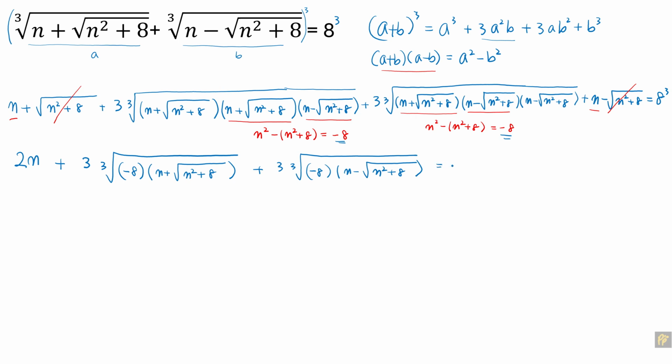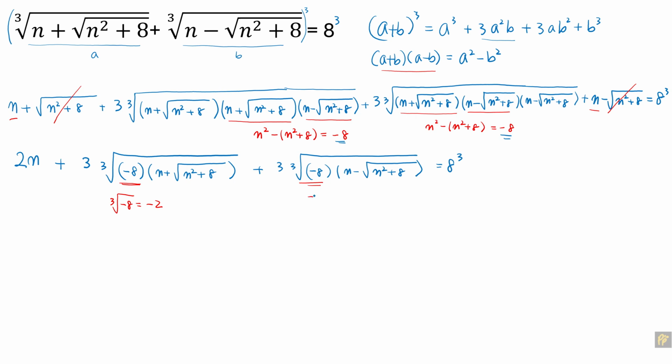This should be equal to 8 to the power of 3 on the right hand side. Now, to further simplify this, we have to find the third root of negative 8. The third root of negative 8 is negative 2.